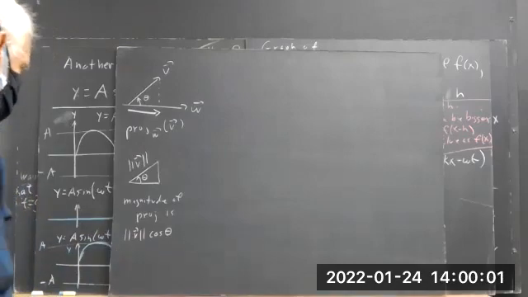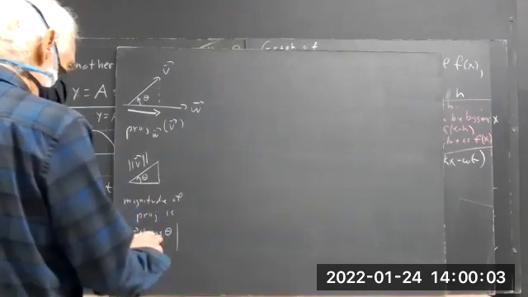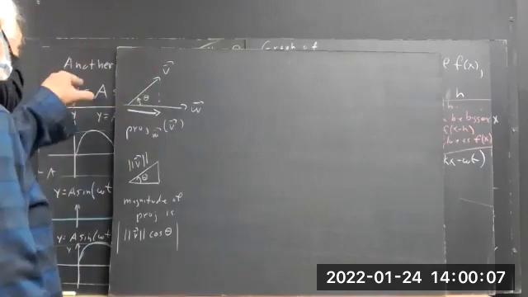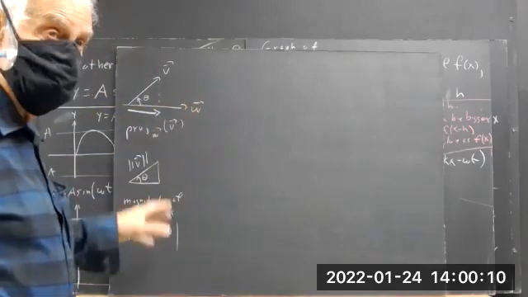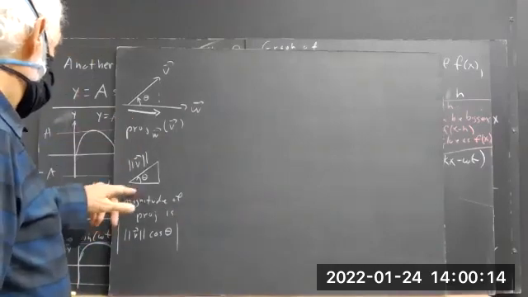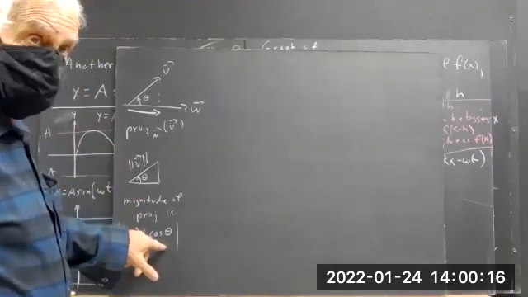Now, projection is actually this, because the cosine of theta could be negative. In other words, V could be over here, and theta could be more than 90 degrees. Then you have a negative when you do the magnitude of V times the cosine of theta.